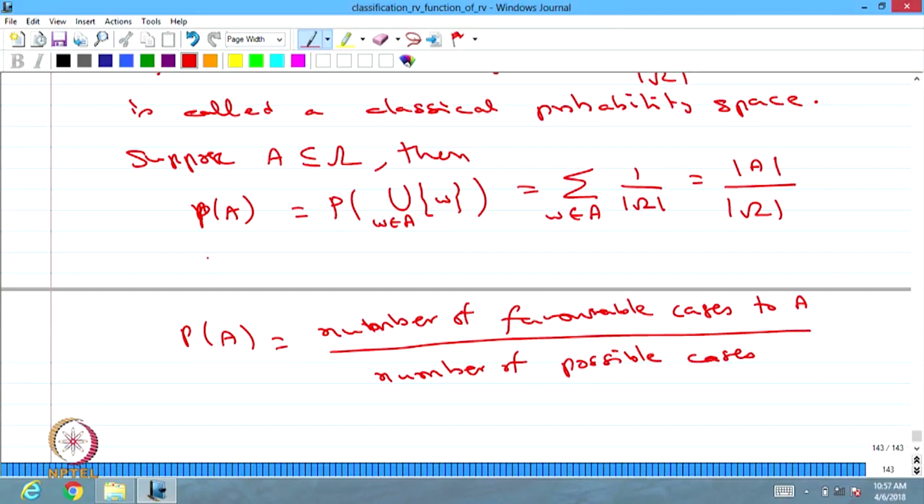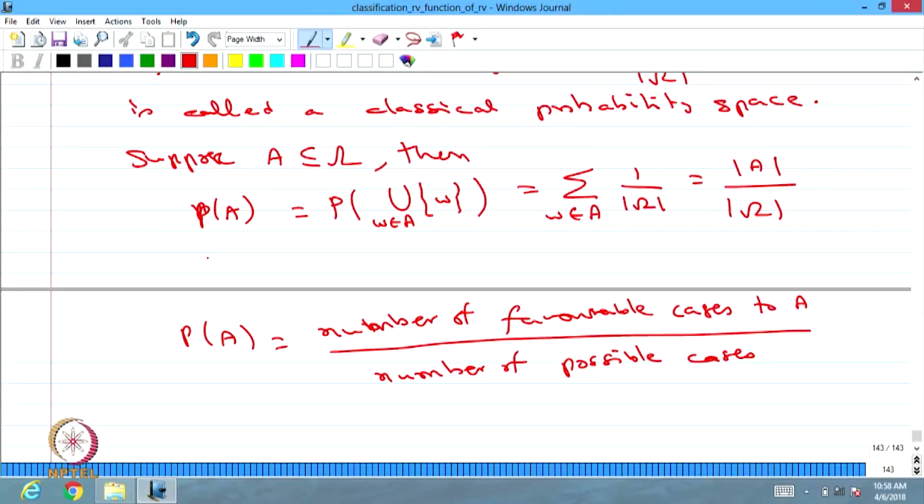This is what we did in school days when computing the probability of an event: the number of favorable cases to the event A divided by the total number of all possible outcomes.